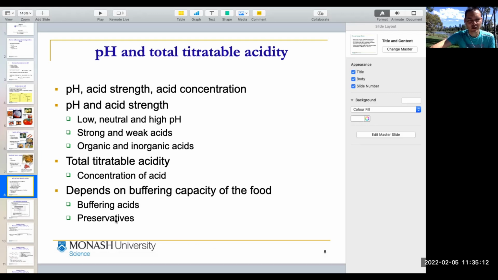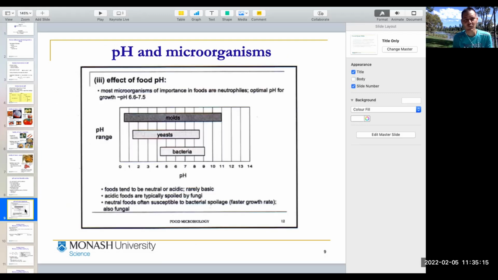Now, I want to wrap all that up with this particular slide here on pH and microorganisms. I've gone through elements of this in a previous slide, but this shows the effect of food pH on the growth of different types of microorganisms.